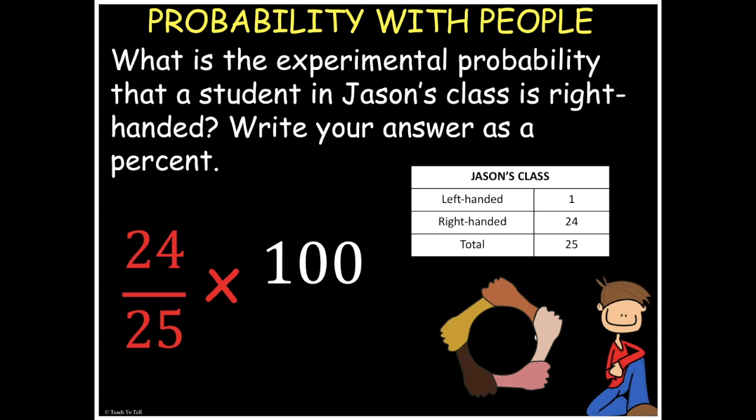And we can make it out of 100 by looking at the denominator and multiplying it to get 100. So we know that 25 times 4 is 100. If you multiply the denominator by 4, you multiply the top by 4, and get 96%. So in actual life here in Jason's class, 96% of the kids are right-handed.